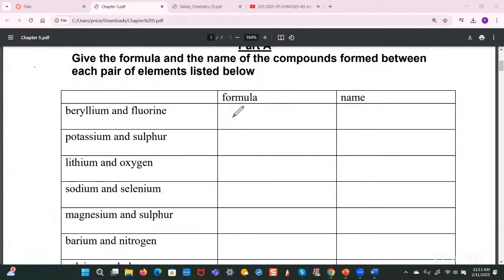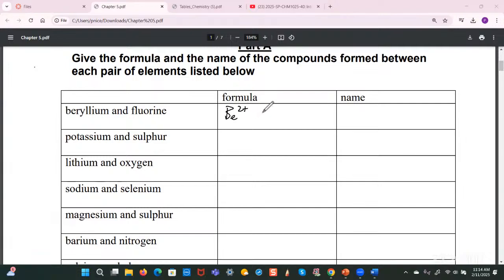How would you get the formula for the compound formed between beryllium and fluorine? So you have to look up beryllium, and what's the charge on the beryllium ion? Okay, so the formula for the beryllium ion is 2+, Be2+.